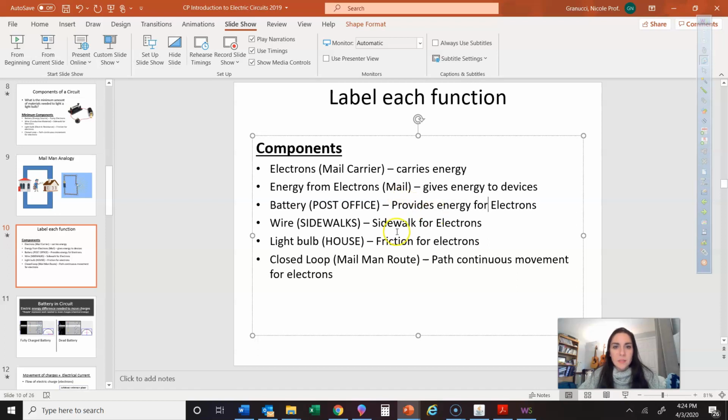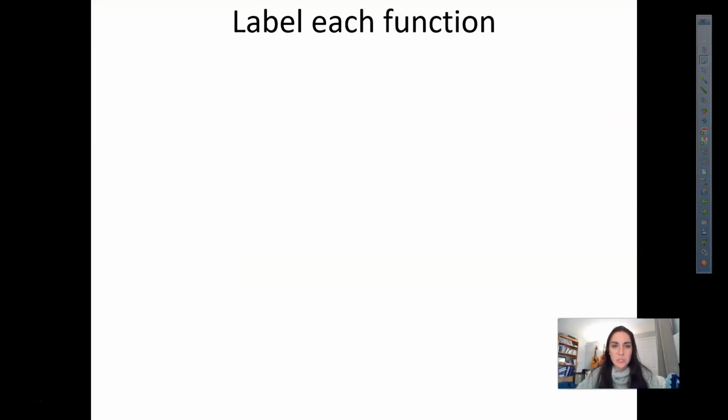The sidewalk is the conductive material for it. The light bulb receives energy. And then the closed loop, the mailman route. So the mailman typically follows the same route each day. And of course, obviously in reality, that's not true, but we're going to make it my reality because I can for this.